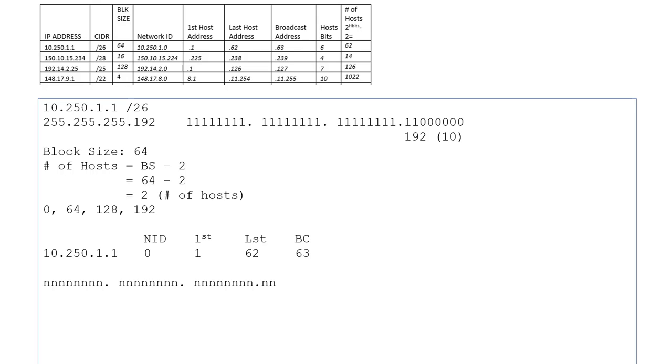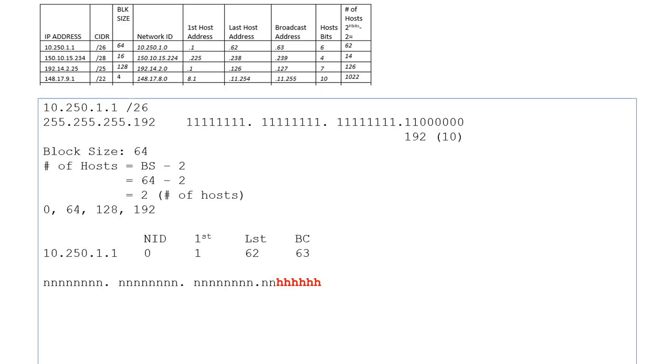And then the last 6 bits are host address. Okay, so they stand out a little bit.